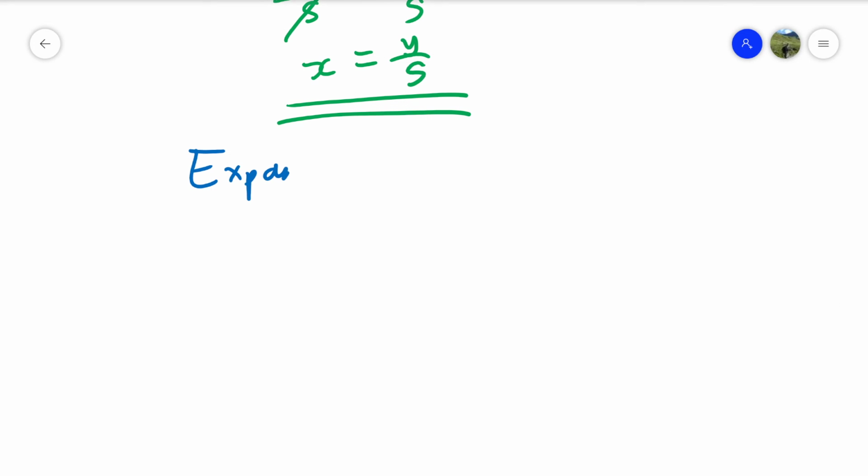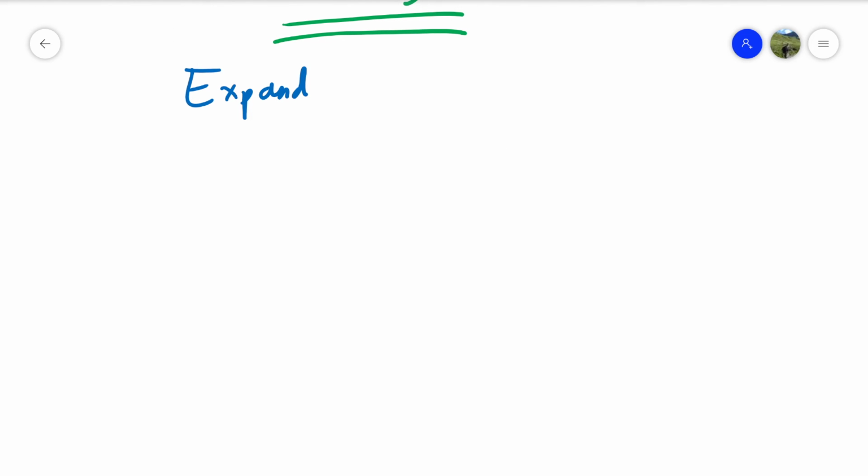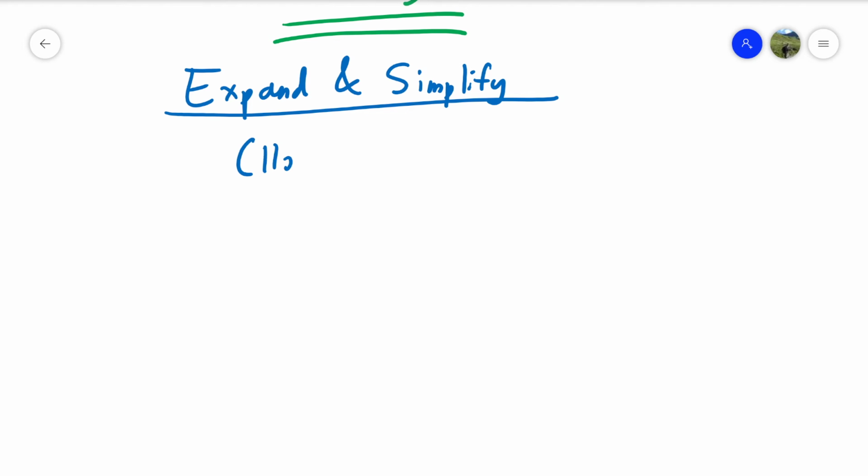Let's do an expand. Can you remember what the rest of this question will be? It will be and simplify. Because when we're given an expand question, typically we're asked to also simplify it, which means to tidy up the answer.